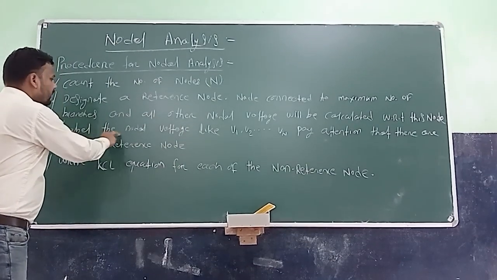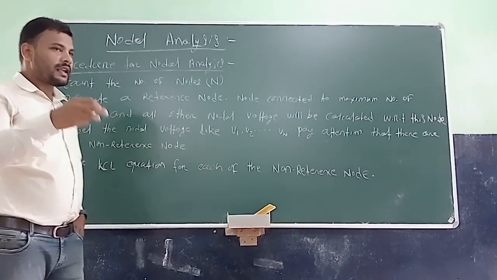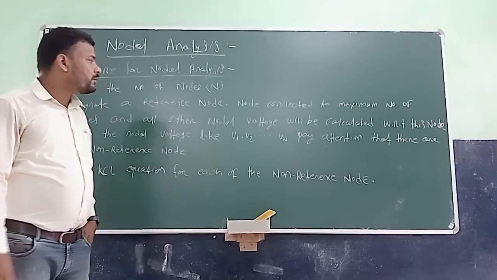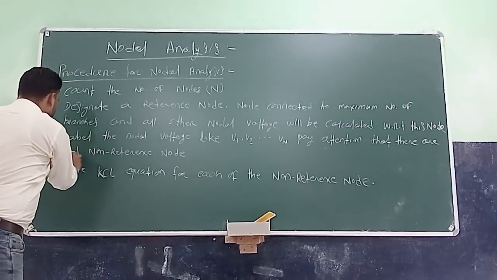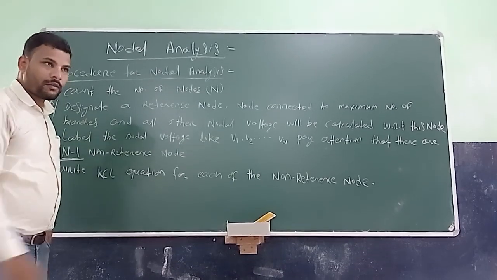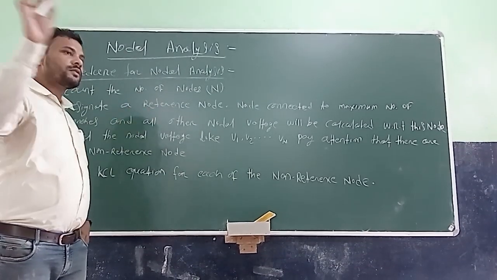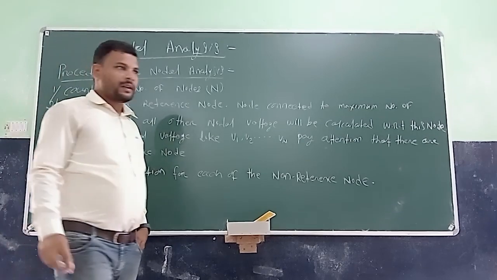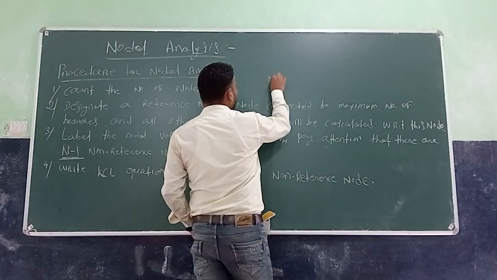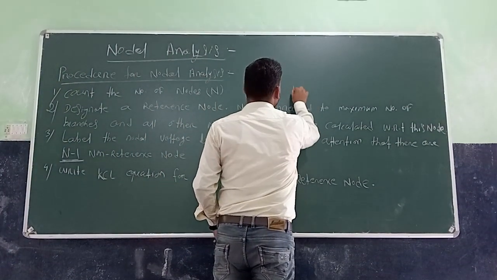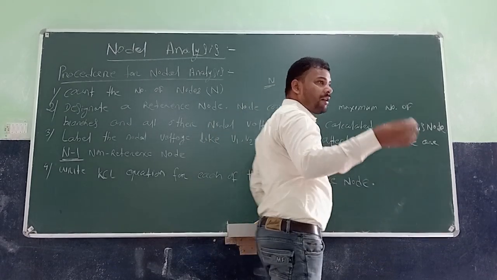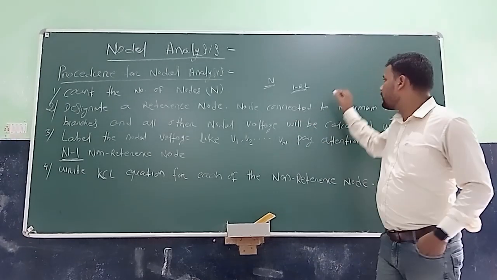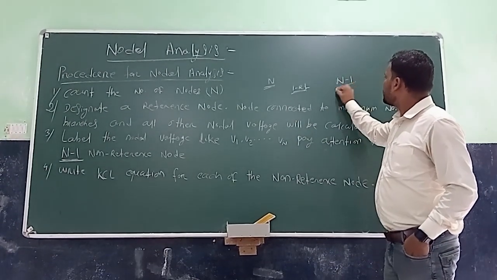Let's label the nodal voltages V1, V2 up to Vn. Pay attention that there are n minus 1 non-reference nodes. If I have n number of nodes and I take one node as a reference, then how many non-reference nodes? n minus 1.